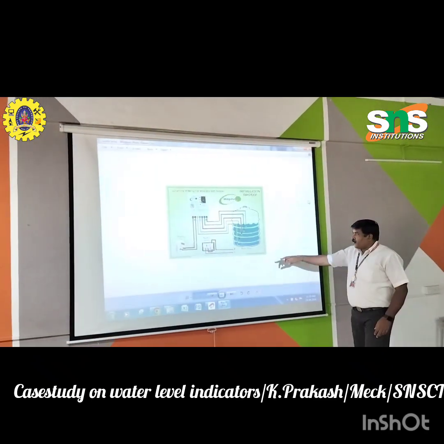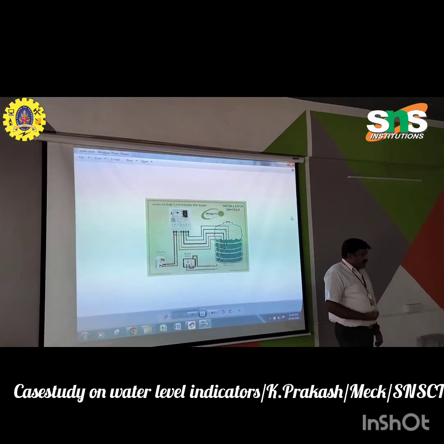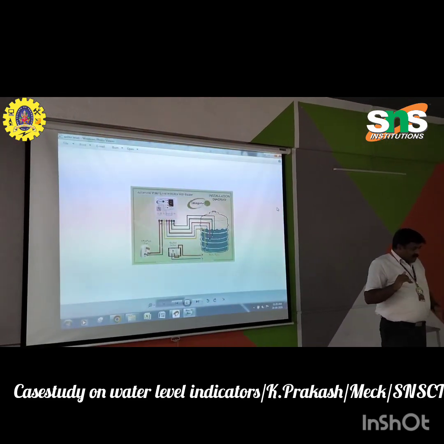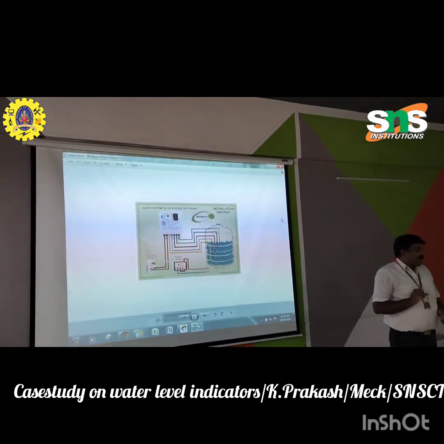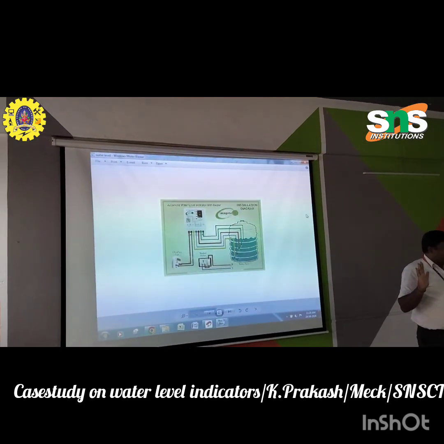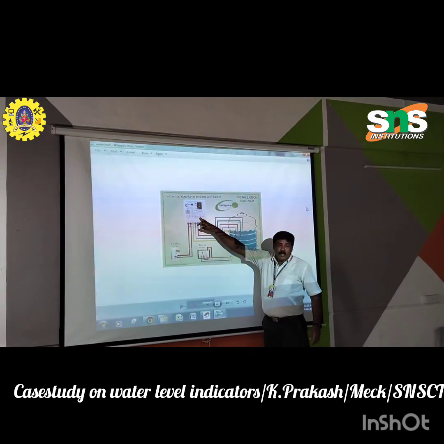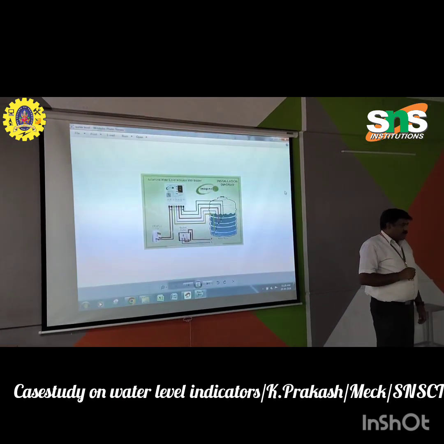When it reaches the top surface, we get an alarm, so we know the level of the water is high. Standing in the bottommost part, we can identify the level of the water in the domestic tank. In the same way, these connections are made with the motor connections and the switches.